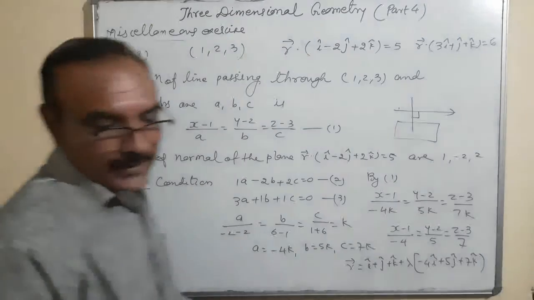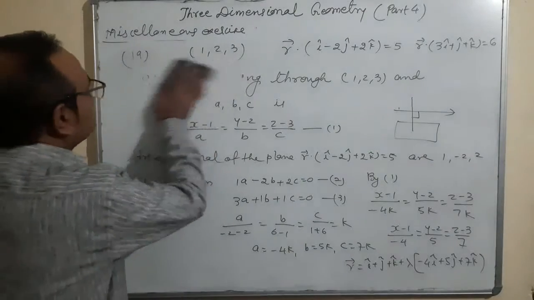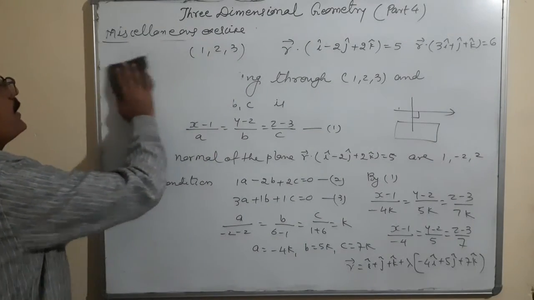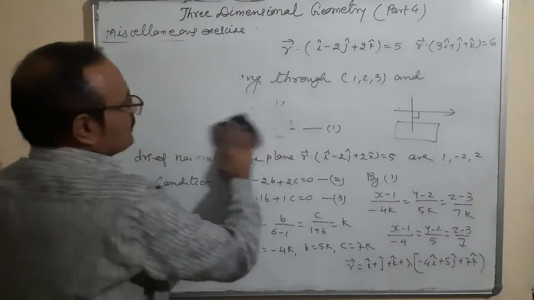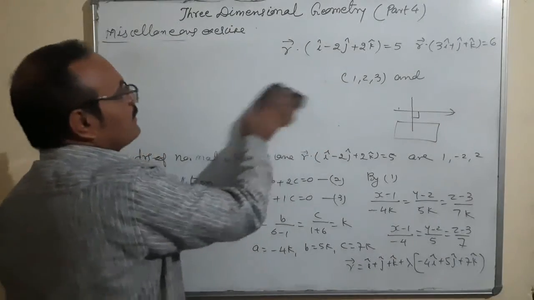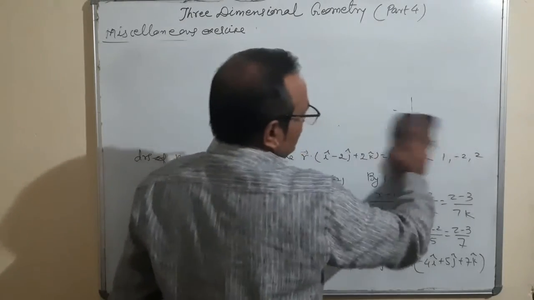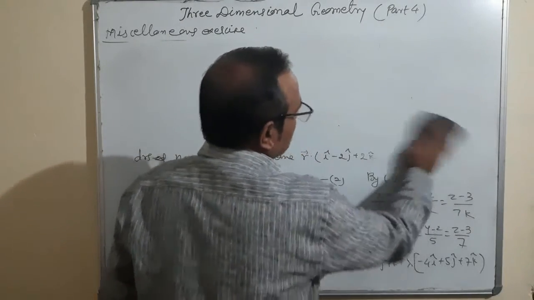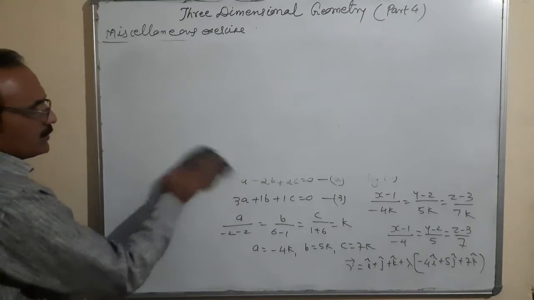Now I am taking one very interesting question, number 21. Question 20 you will solve yourself. We have solved this type of question in the previous exercise also. First you will convert the equations into the standard form, and then because both the lines are perpendicular, we use the perpendicular condition on the direction ratios: a1 a2 plus b1 b2 plus c1 c2 is equal to 0.